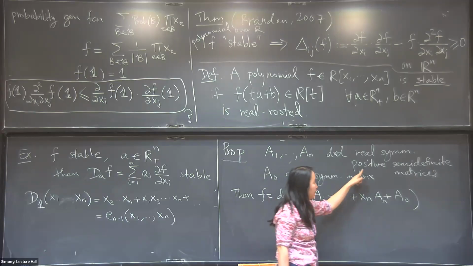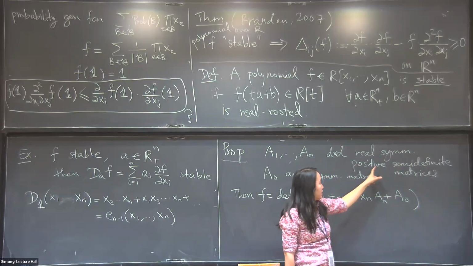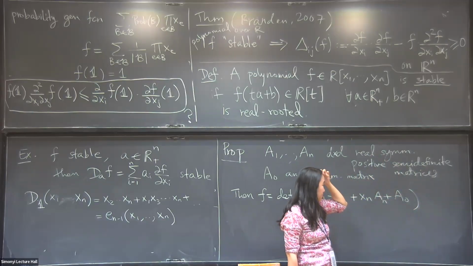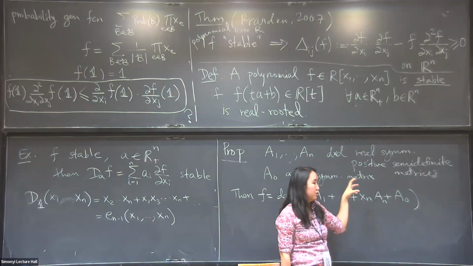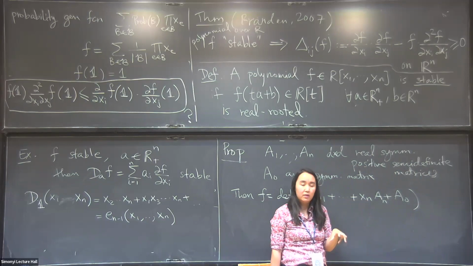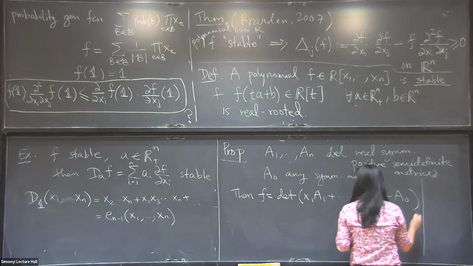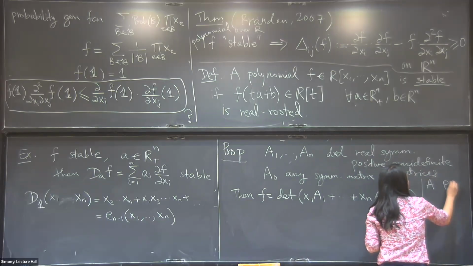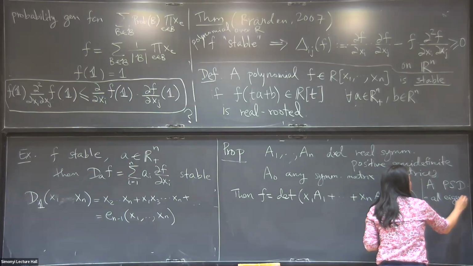Quickly, to remind you, real symmetric positive semi-definite means that all the eigenvalues are non-negative, and equivalently, all the principal minors are non-negative. So A is positive semi-definite means that all eigenvalues are non-negative.